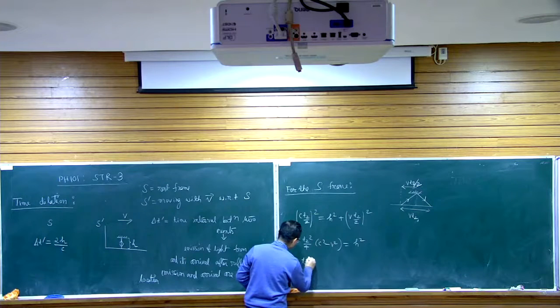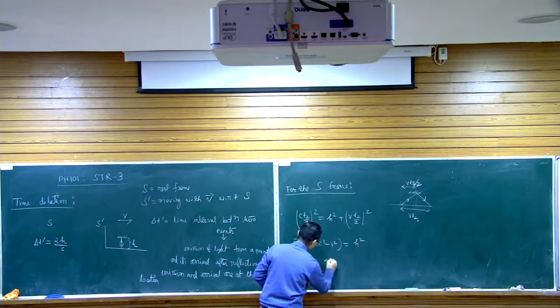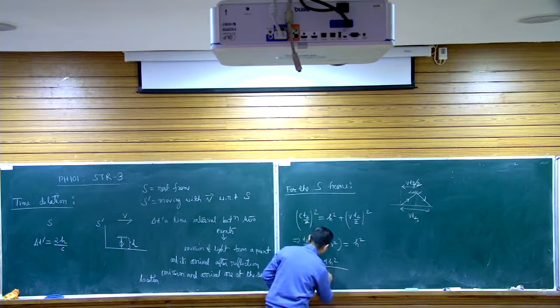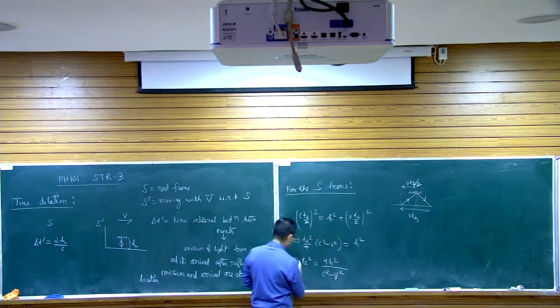Making it T2 square equal to 4h square upon (c square minus v square).